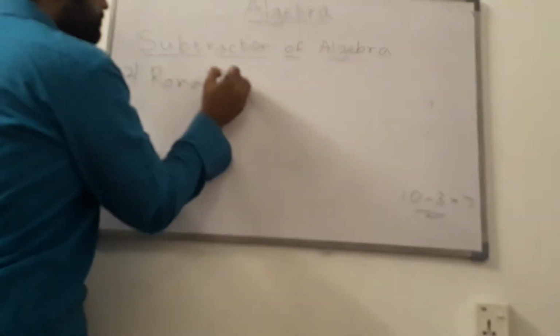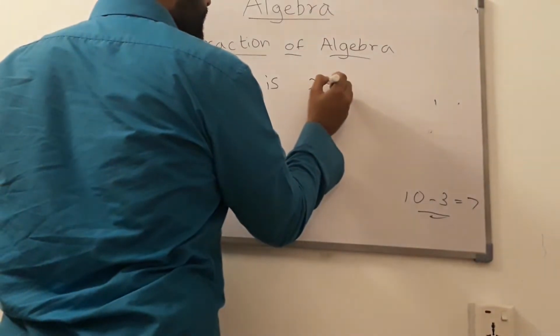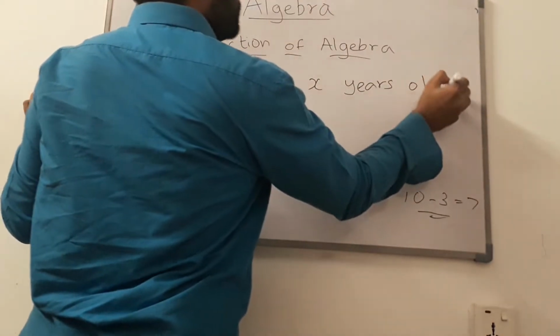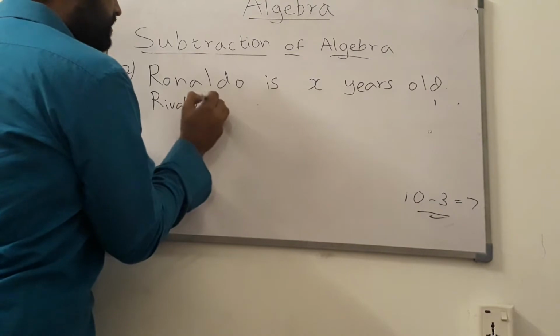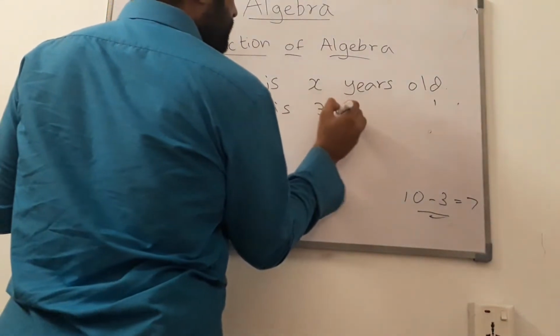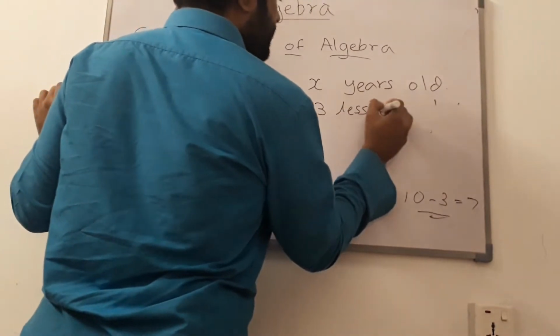Ronaldo is X years old. Rivaldo's age is 3 less than that.